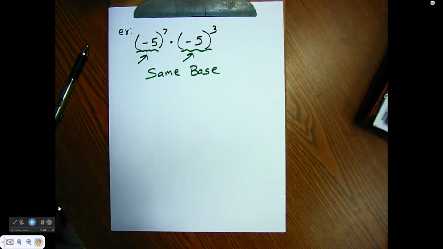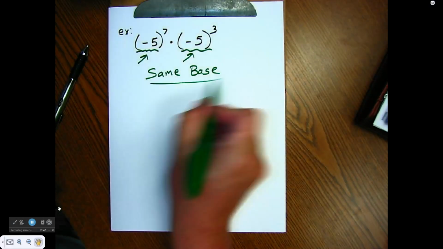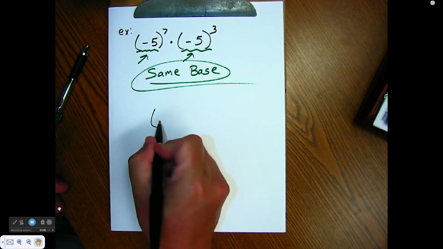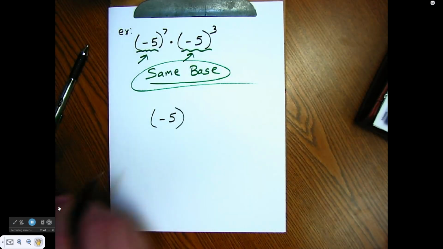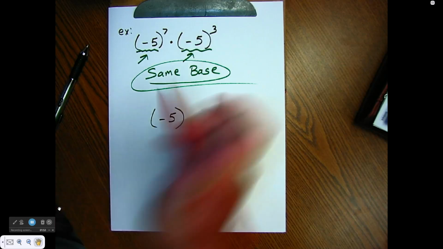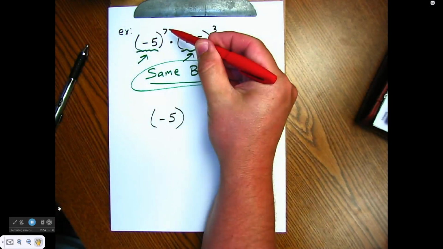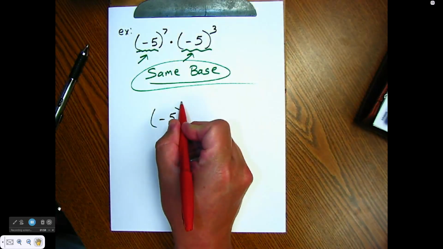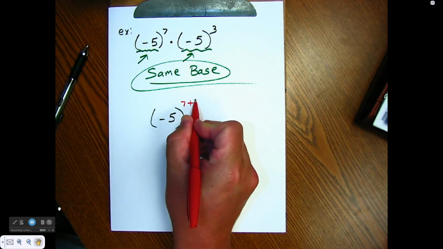The product rule says when they have the same base, then you take that base, in this case the base is -5, and you take those exponents, the exponent of 7, the exponent of 3, and we're going to add them together. 7 plus 3.